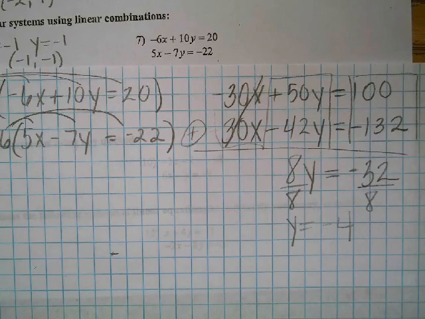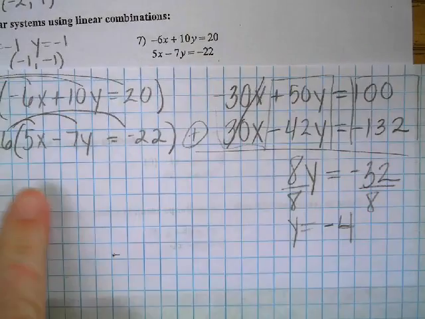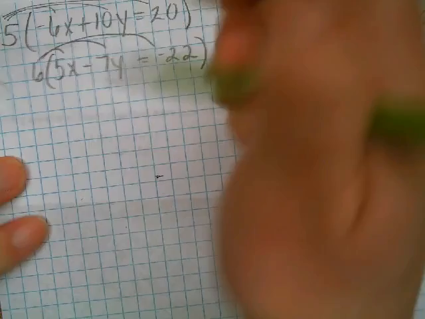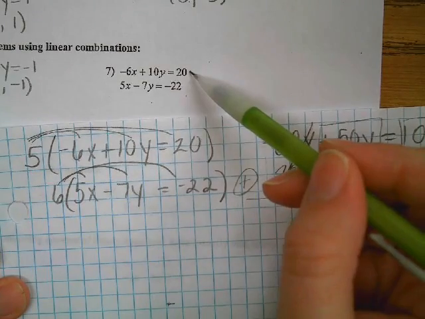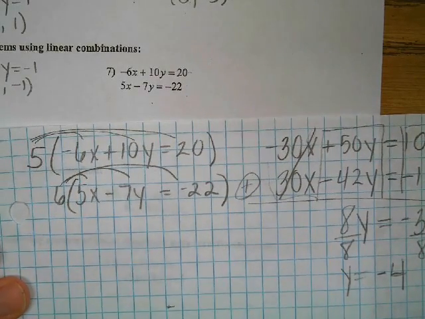Once you have y, you're going to pick one of the original equations and solve for x. So if y is negative 4, I'm going to pick either the first or the second equation, it doesn't matter, and you're going to solve for x.